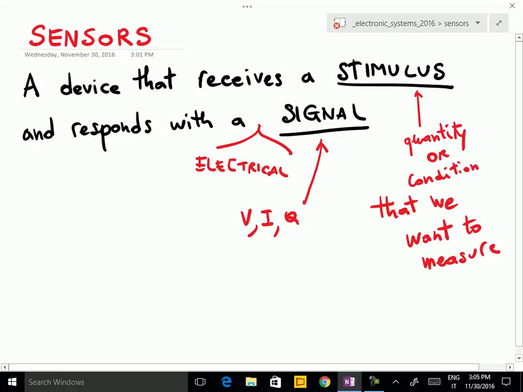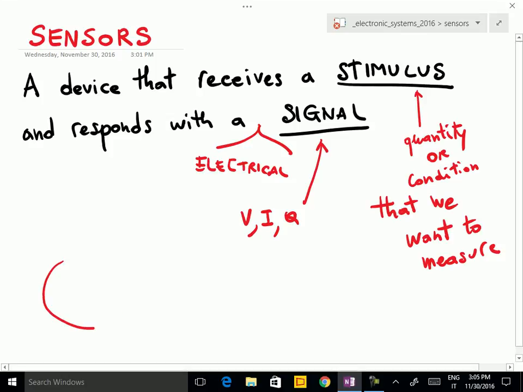Another important aspect that we need to highlight is the fact that typically with a signal comes an energy. So the signal response is associated to some energy that is transferred with the signal.